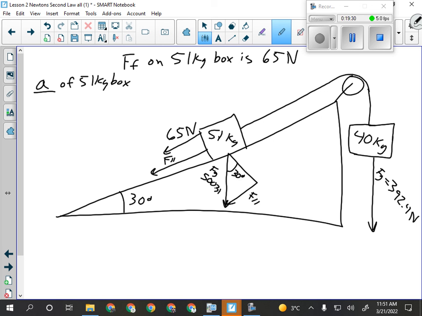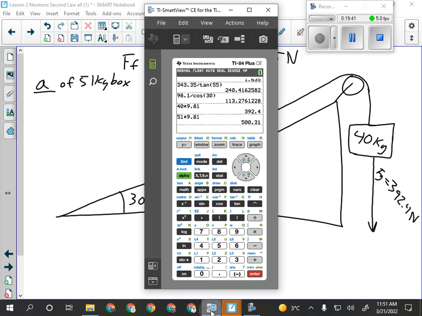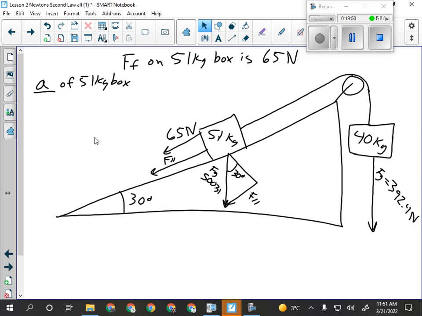Okay, so we're going to be looking at 250.155. Okay, so I got 392 going that way, and I've got the sum of these two going the other way.